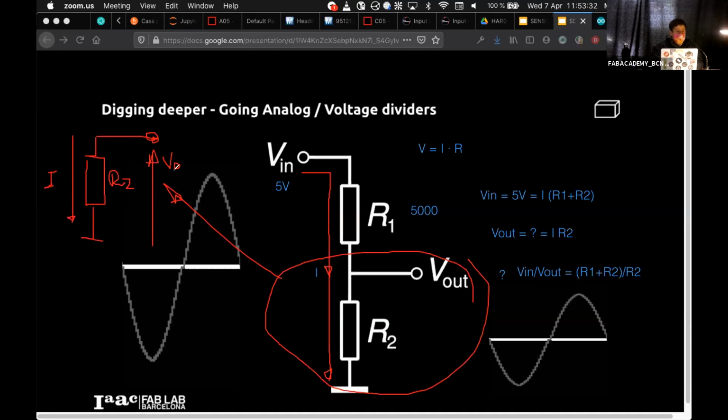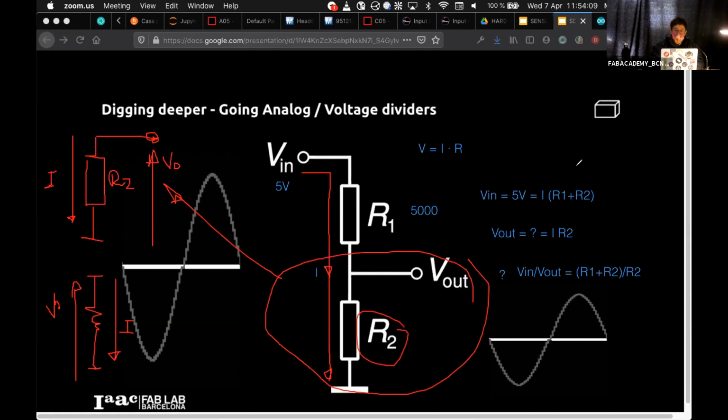Do you agree with me that this is the same as... I think we looked at it in this way. V out and current, right? It's the same thing, no? You sure? Yep. So it applies. So V out is the same current as this one here times the resistance, which is R2.